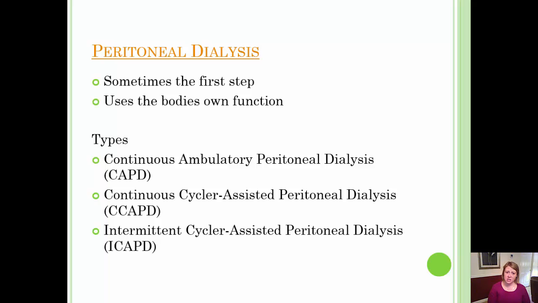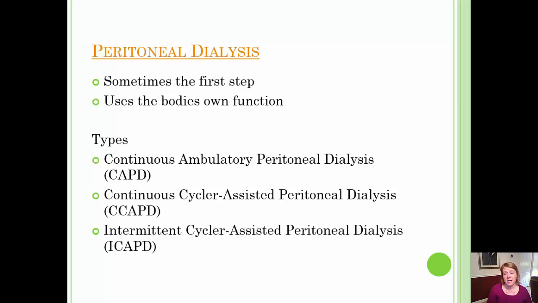There are two types of peritoneal dialysis: continuous ambulatory peritoneal dialysis, where fluid is instilled into the peritoneal cavity, allowed to dwell for a number of hours, and then the effluent or the dirty dialysate fluid is removed.